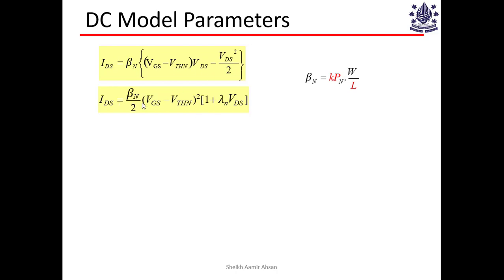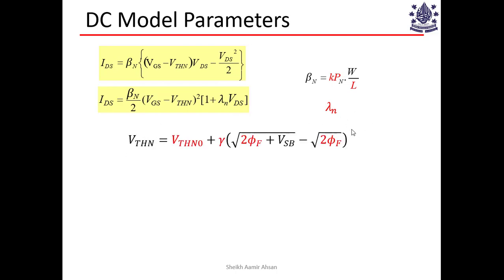Okay, what else? Lambda. Lambda is also a fixed parameter, the channel length modulation. Notice the unit of lambda would be volt inverse, so as to make this a dimensionless quantity.